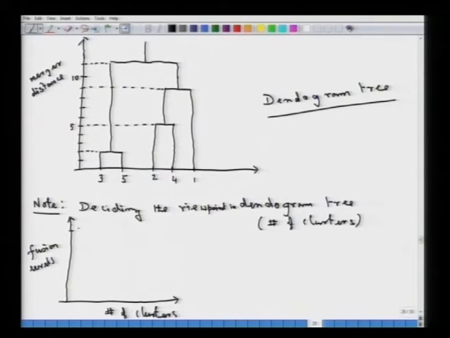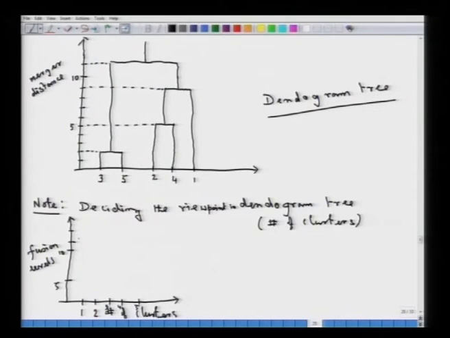Now, for this particular dendrogram, suppose I divide it here at 5, this is 10, this is 11. The number of clusters is 1, 2, 3, 4, 5. So, there are 5 cases, so at the most we will have 5 clusters.